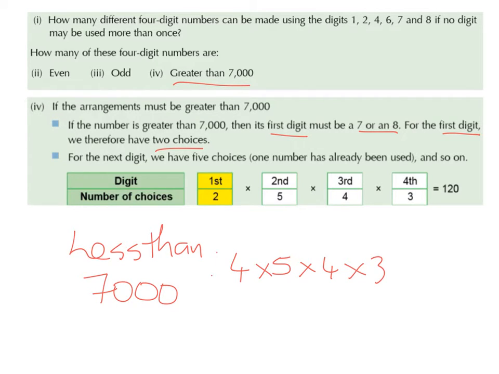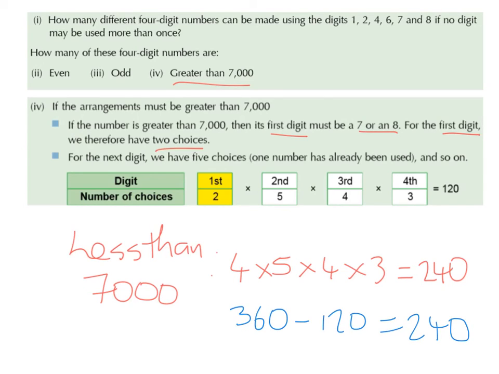And this would have been 4 by 5 by 4 by 3, which would have given us 240. Or a quicker way would have been to say, well, there's 360 ways I can arrange them in total with no restrictions, minus 120 ways for it being greater than 7,000, leaves me with 240 ways of it being less than 7,000.